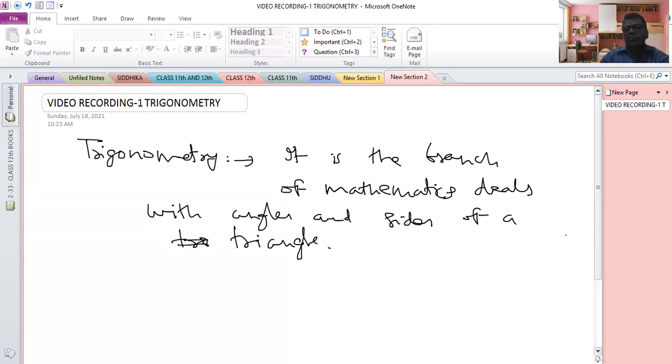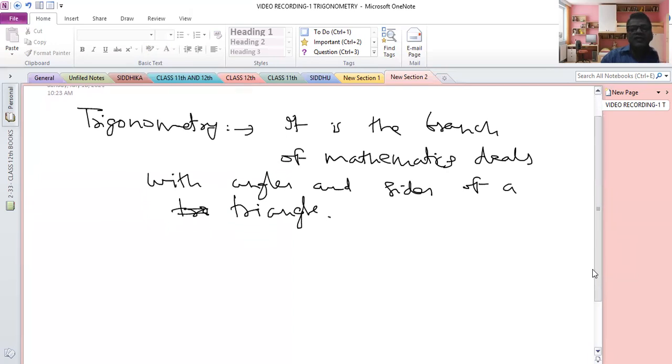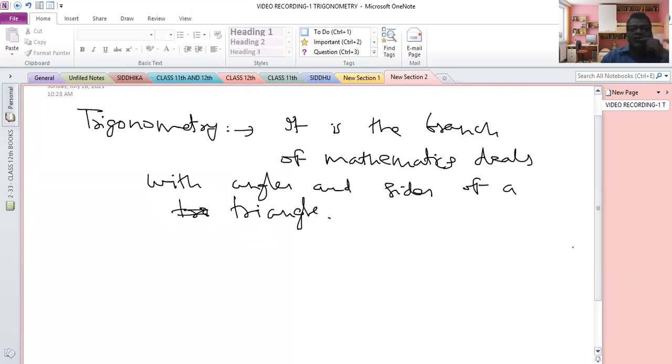Okay. तो आपको ये पता लगा कि ट्रिग्नोमेट्री का मतलब क्या होता है कि it is a branch of mathematics that deals with angles and sides of a triangle.